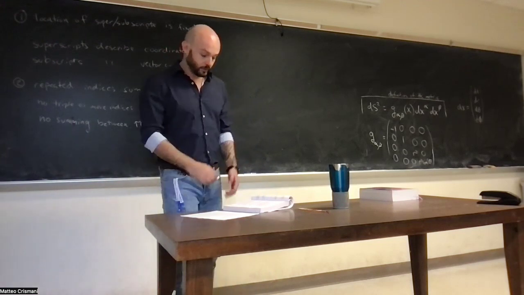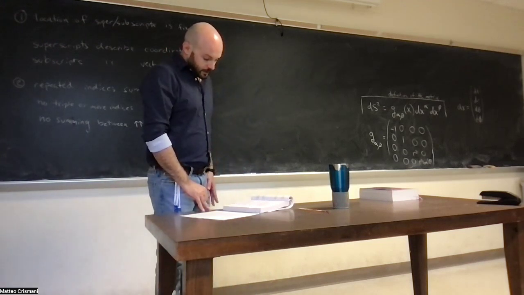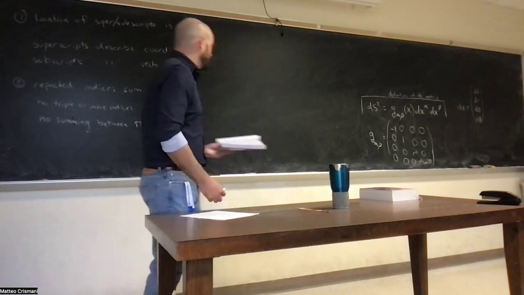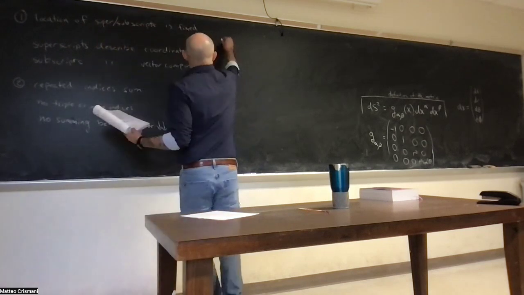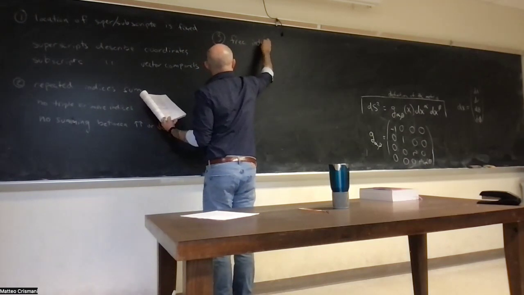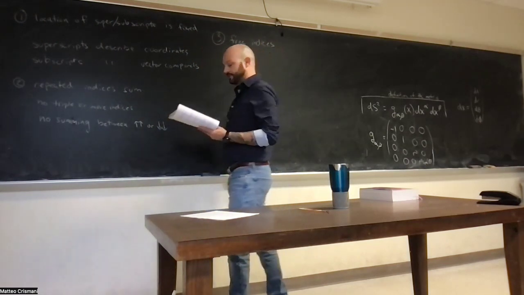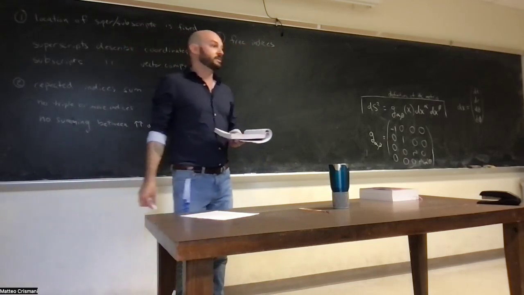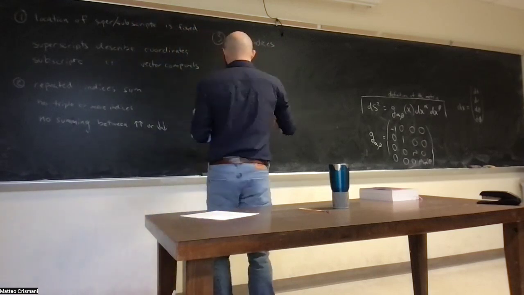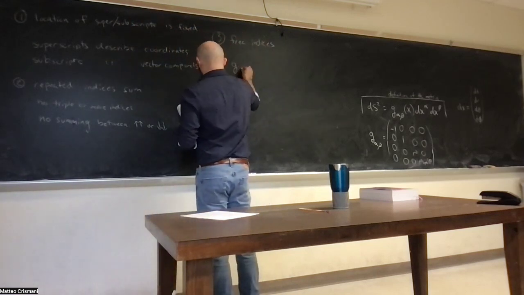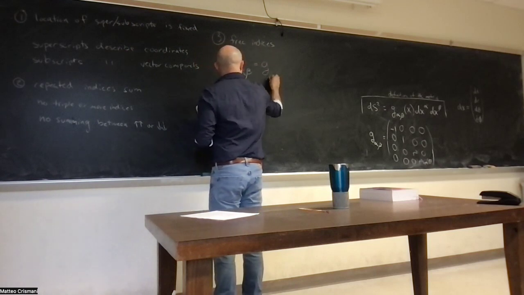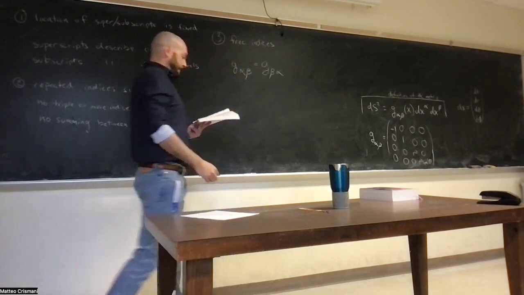That was rule 2. Rule 3 is about free indices. That's what's left over, and they have to be equal on both sides of the equation. So this is the description of the symmetry of the metric.